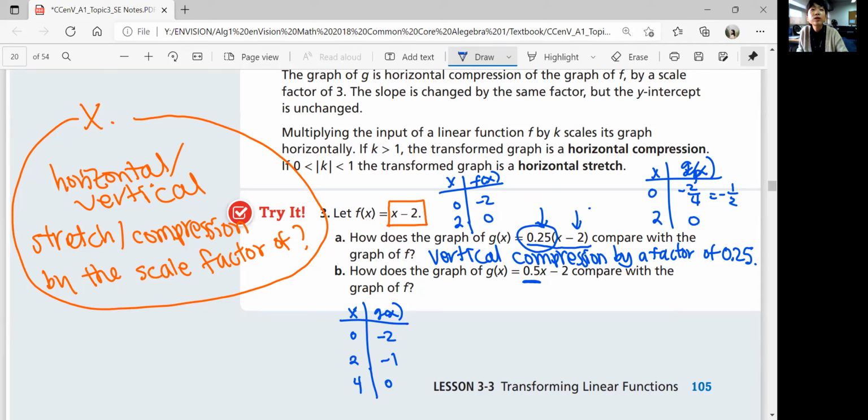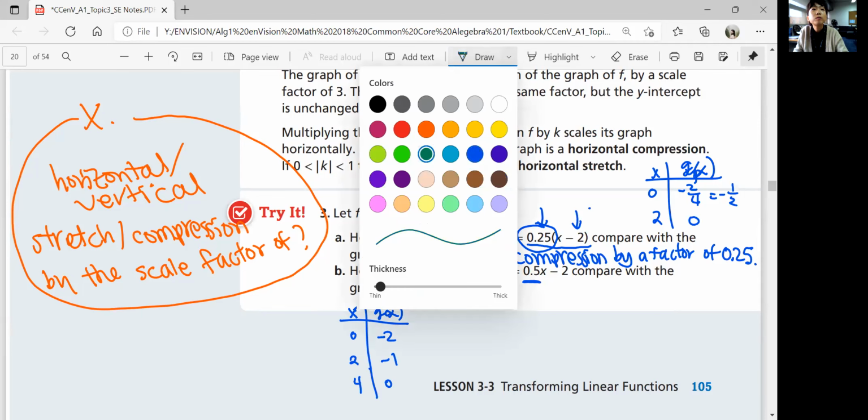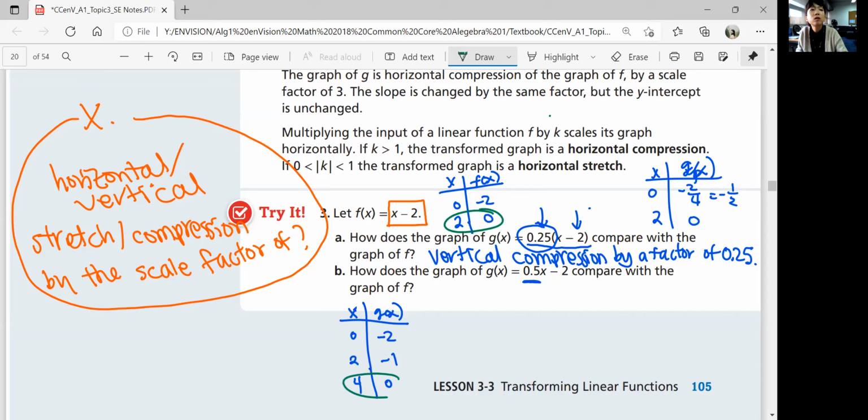So look at this. In order to get the same 0, we're now comparing the x values, because this is a horizontal dilation. From 2 to 4, because you're starting with f of x, and then you're going to g of x. Compare the values of your input, 2 to 4. In order to get the same value, 0, what does your input have to be? It gets bigger from 2 to 4.